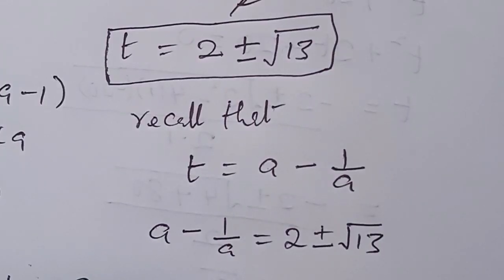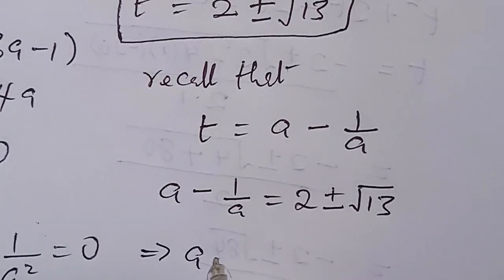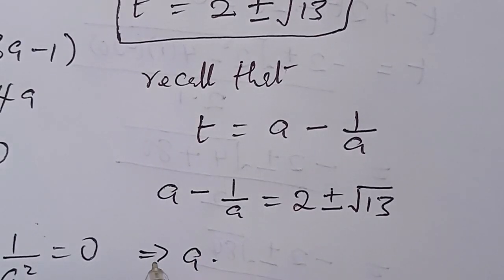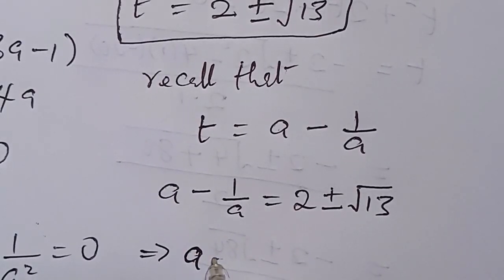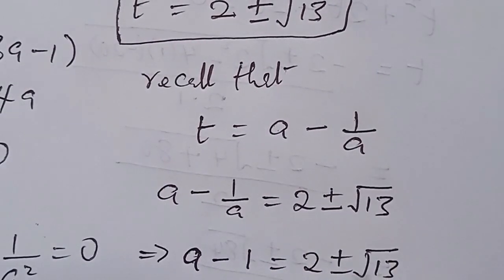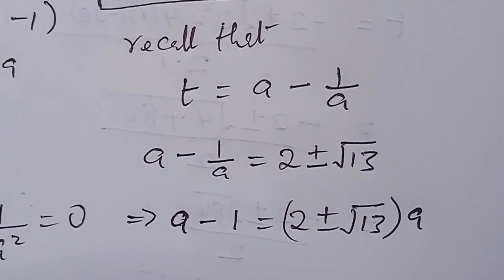So from here, if we multiply through by a, that implies a^2 - 1 = (2 plus or minus the square root of 13) multiplied by a.